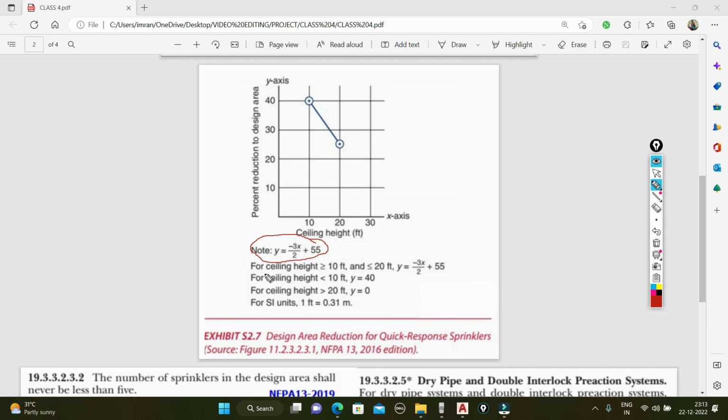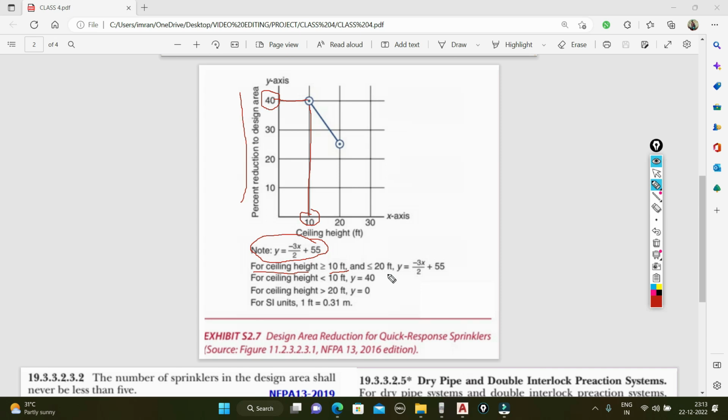So if the ceiling height is less than or equal to 10 feet, then the reduction is 40%. This is the percentage reduction to design area.